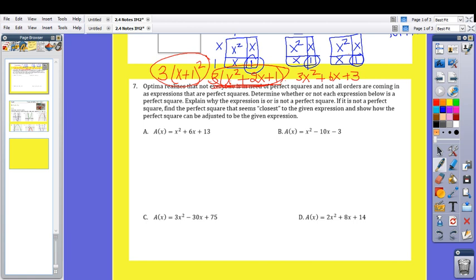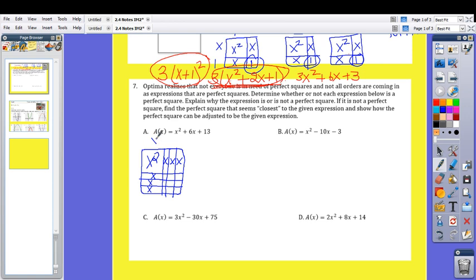Because this one is just one block, so let's make it. But we have 6x, that means we will be splitting it into 3's. So 3 will go on one side, the other one will go the other side. So 6x, we have 3 of them here and 3 of them here. This is x squared.